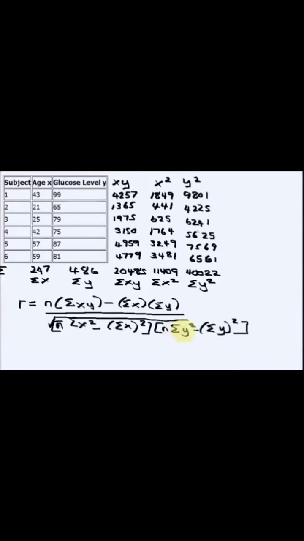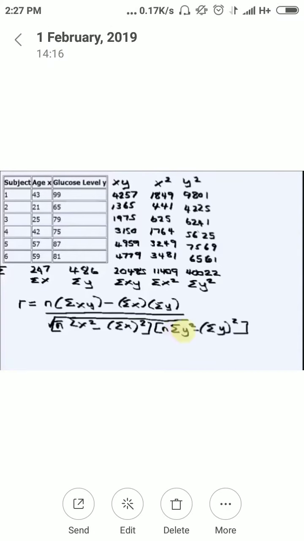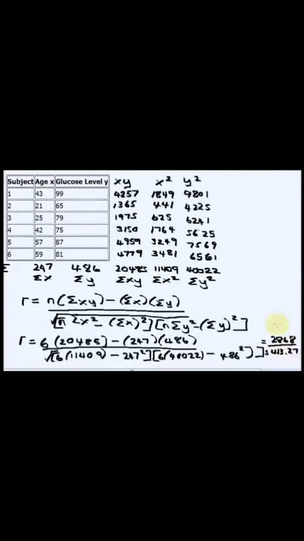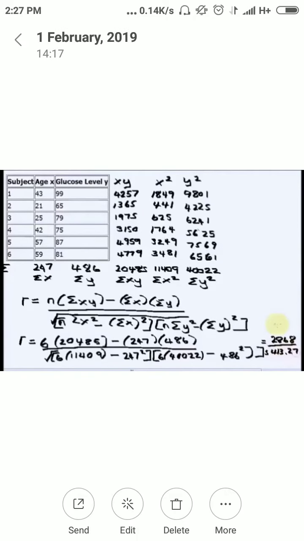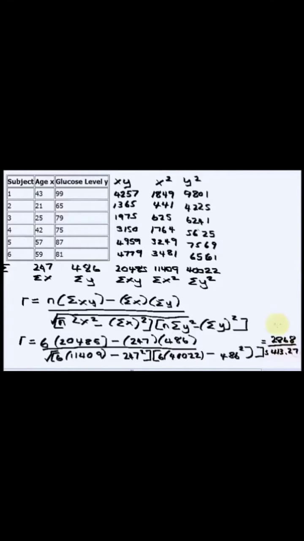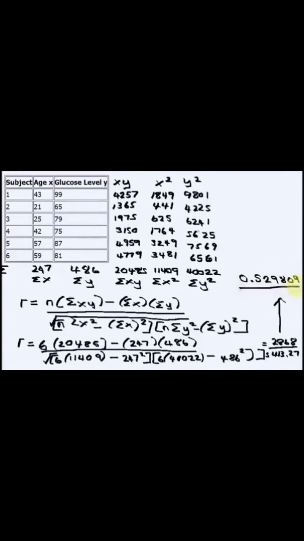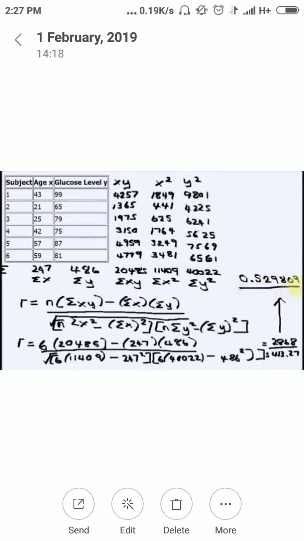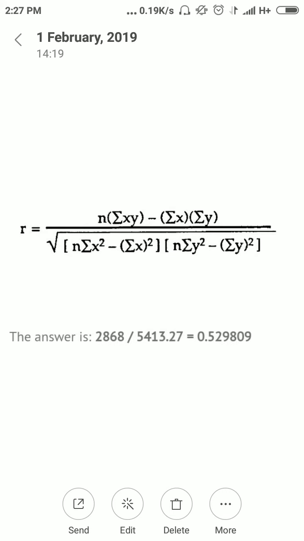Now finally put in the values. After putting in the values we'll get 2868 upon 5413.27, and the final value will be 0.529809.